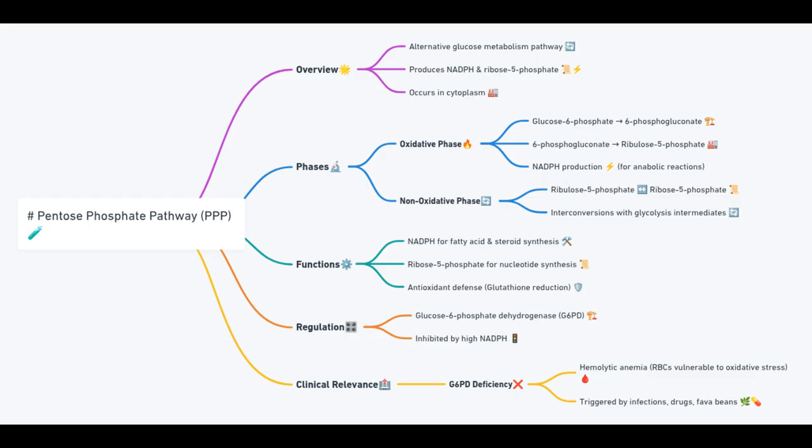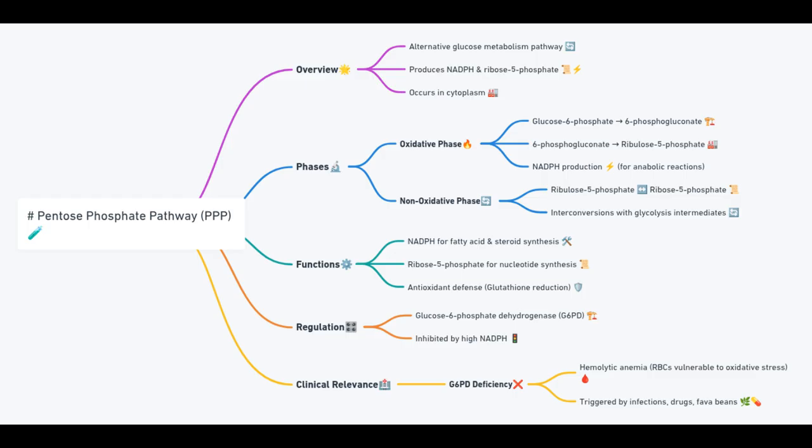The location is virtually everywhere, all reactions are cytosolic, with connections to glycolysis and glycogen through glucose 6 phosphate. It shares some enzymes with glycolysis, and connects to DNA RNA synthesis through ribose 5 phosphate.